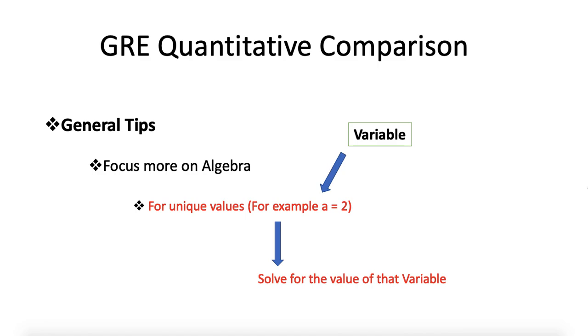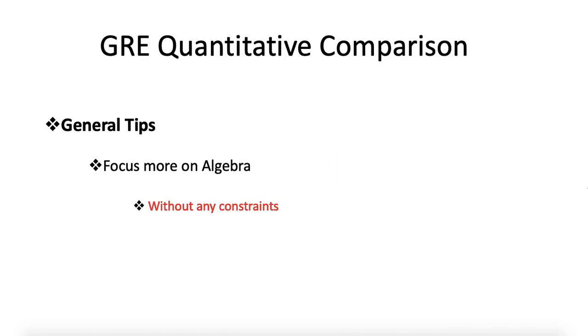That is a very simple scenario. But in the other scenario, we have a variable without any constraint. In that scenario, our approach should be to try to prove D first, and if that is not possible, then we go for option A, B, or C.